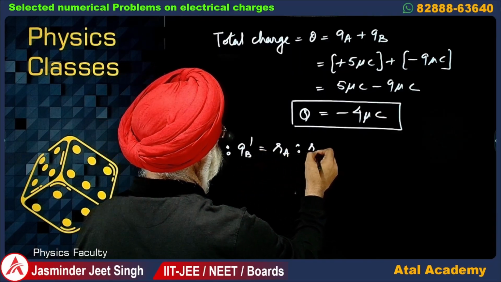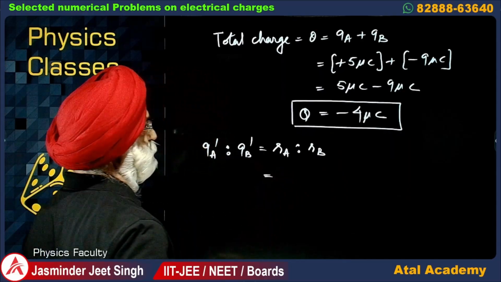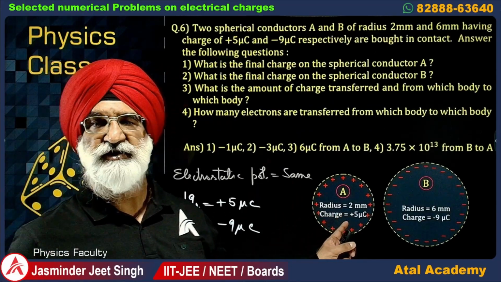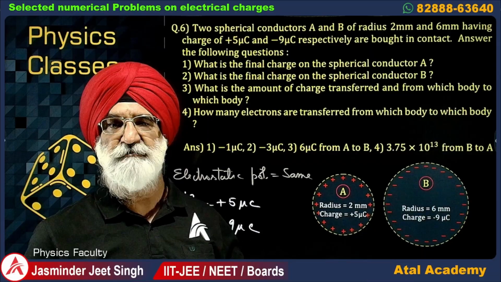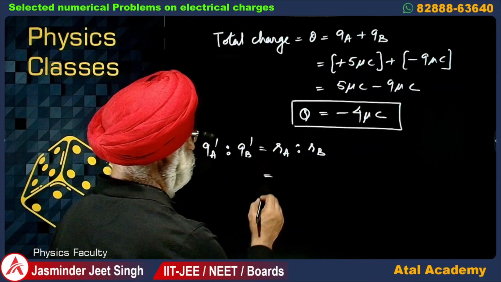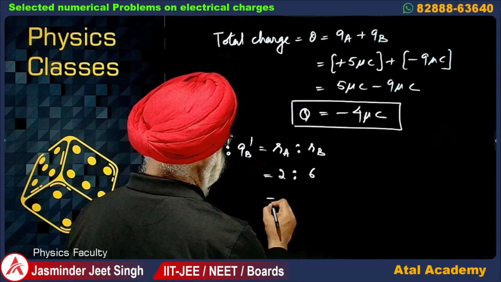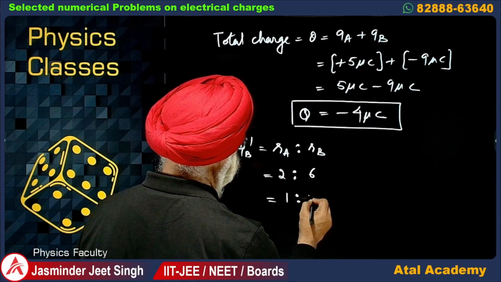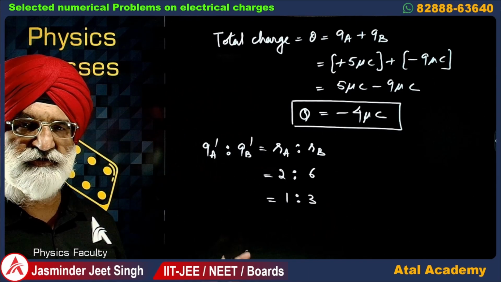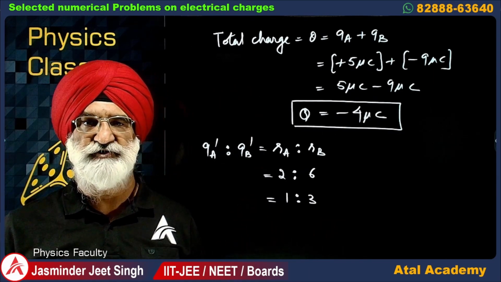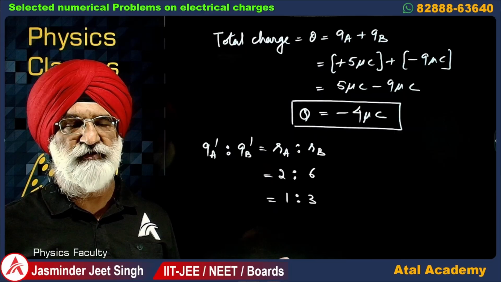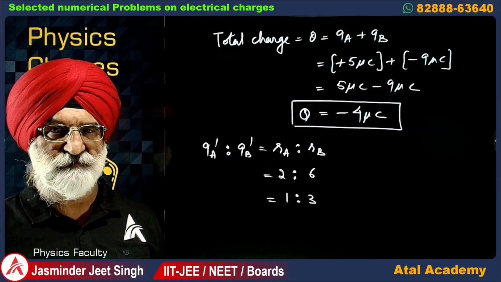RA is to RB. RA, as we have said earlier, is 2 millimeters and RB is 6 millimeters. So we can put 2 millimeters is to 6 millimeters, and if you take the simple ratio, it will be 1:3. The ratio of the two new charges which the bodies will have will be 1:3.